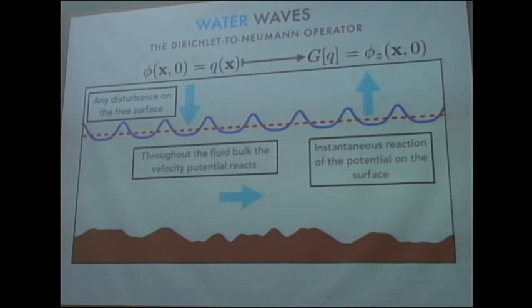Then we take the vertical velocity of the fluid, and our wave equation simply reduces to this: the second derivative in time of the potential on the surface equals this linear operator. This is all restricted to the free surface, so we don't need to compute the flow inside the fluid body.